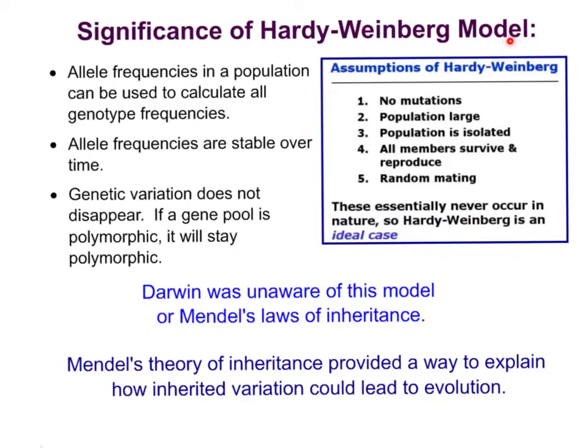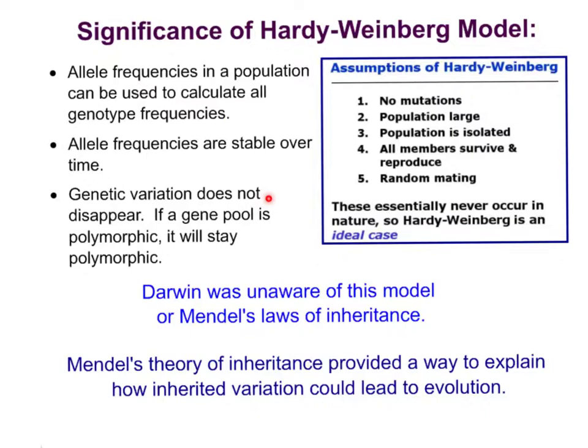But the significance of the model is that allele frequencies in a population can be used to calculate all of the genotype frequencies, as we just talked about. Also, the allele frequencies are stable over time, and genetic variation does not disappear. If a gene pool is polymorphic, it will stay polymorphic. What does that mean? Remember, a polymorphic population has at least 2 different alleles for that trait. So that recessive allele does not disappear.